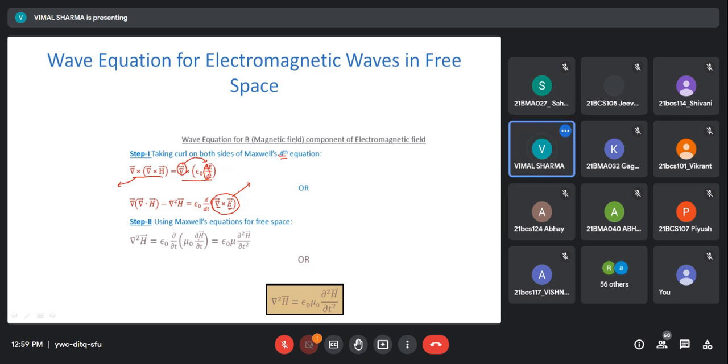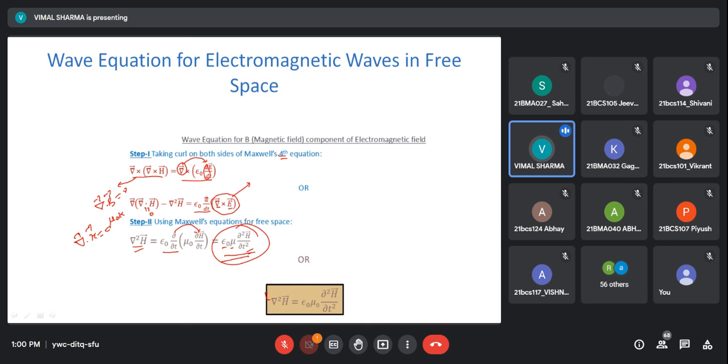It is minus mu naught times d by dt of H. So you can see that I can take epsilon naught mu naught out and double derivative of H with respect to time. On the right hand side, divergence of B is equals to 0, so B can be replaced by mu naught H, so divergence of H is also 0. So I'm left with this thing, and the negative sign that was to come here gets cancelled with this negative sign.